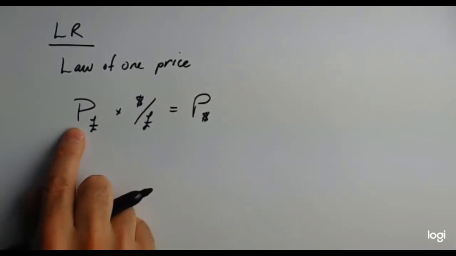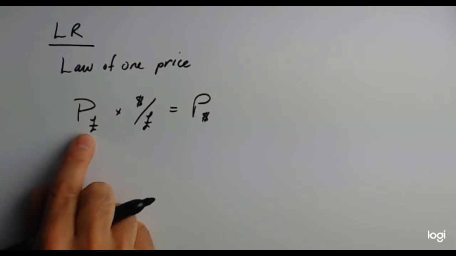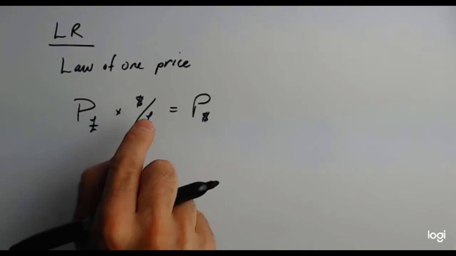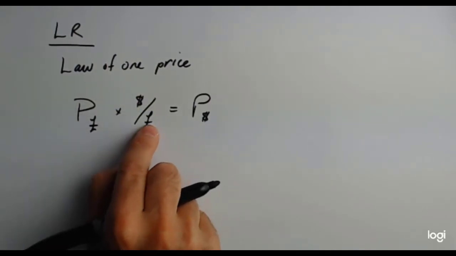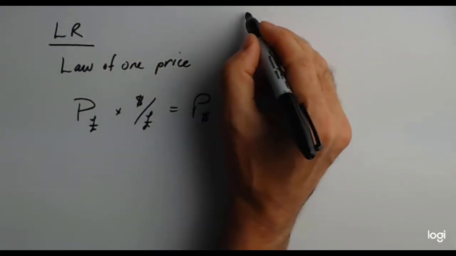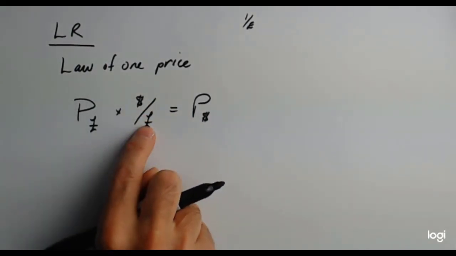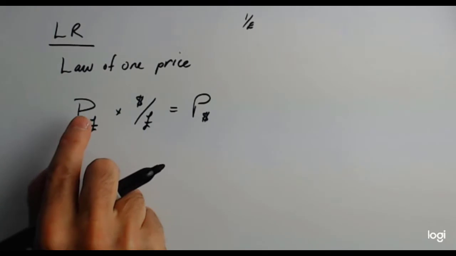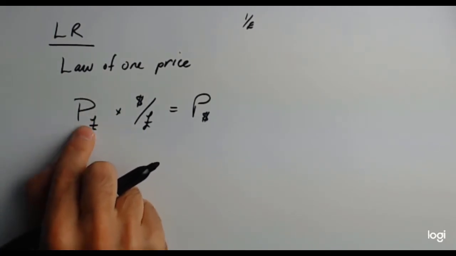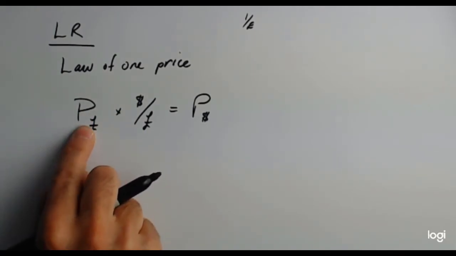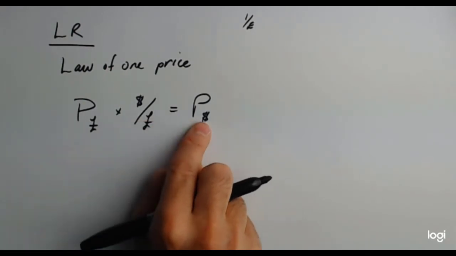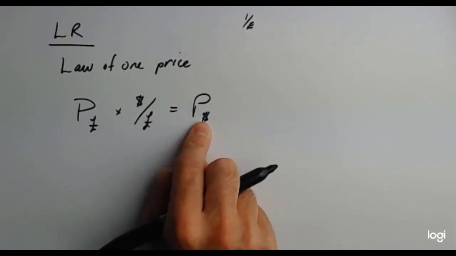It says, look, if you take the price of some good denominated in pounds and multiply it by the dollar-pound exchange rate, this is just E flipped, this is just 1 over E, by the way. It's convenient to write it that way, and I'll explain in a second. You take the price of this good measured in pounds, multiply it by the exchange rate, and it comes out to be the dollar price of it, right?